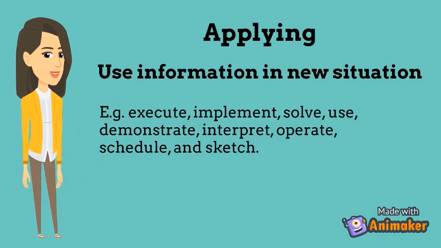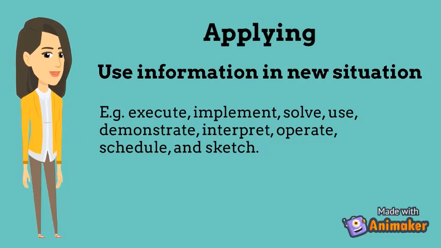Meanwhile, the applying process in middle order thinking skills can be defined as using information in new situations. So we know that someone is in the applying process when he or she can use the information that he got previously in new and totally different situations.